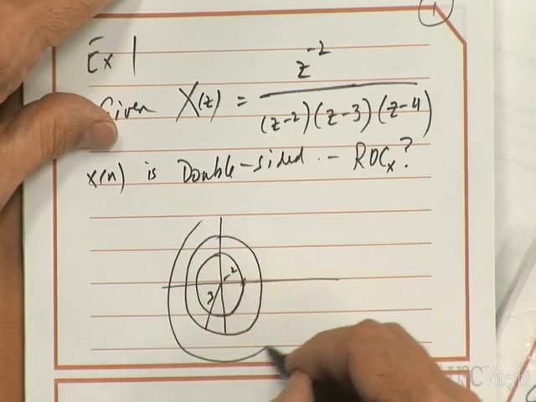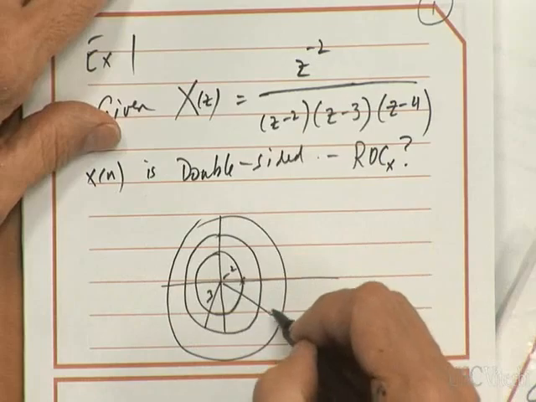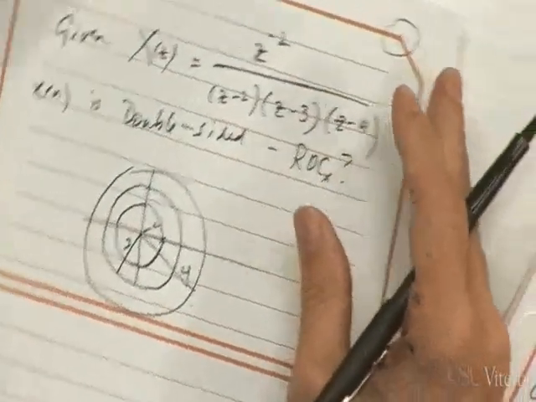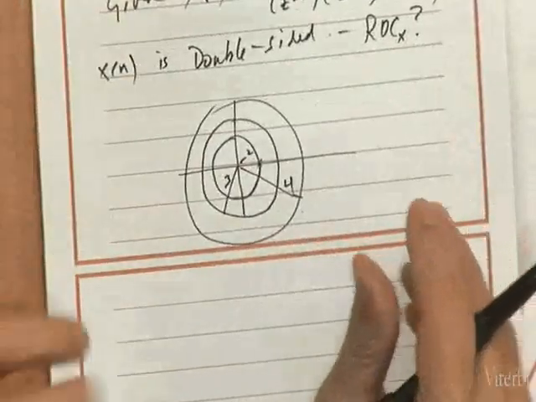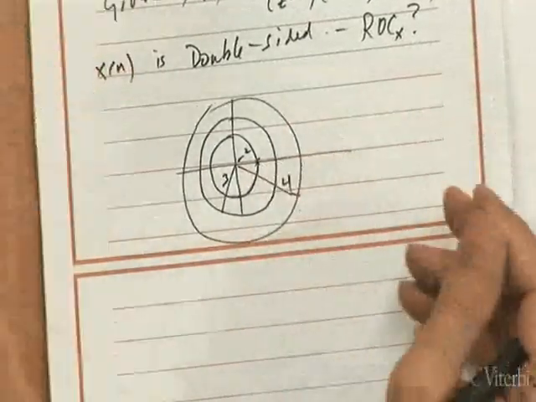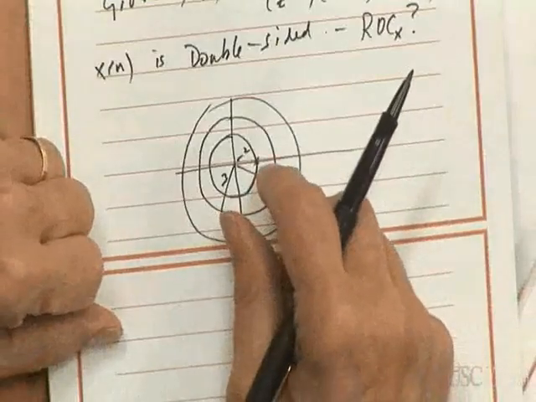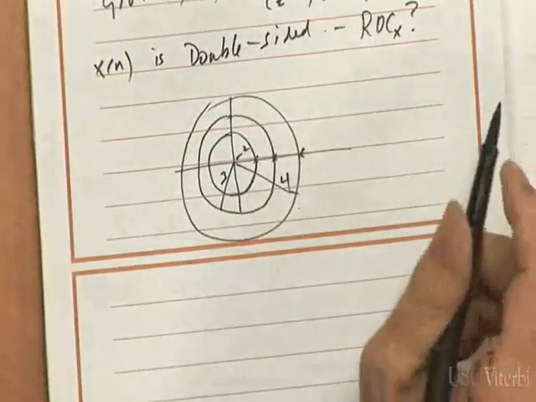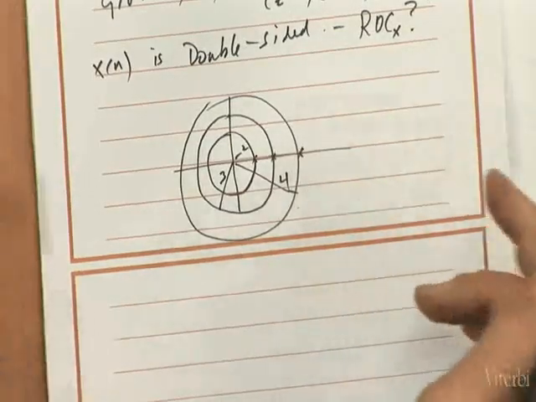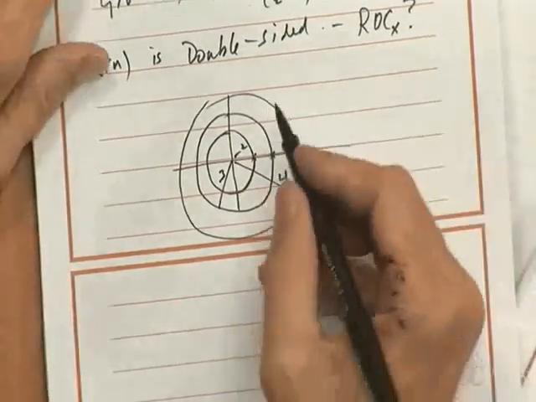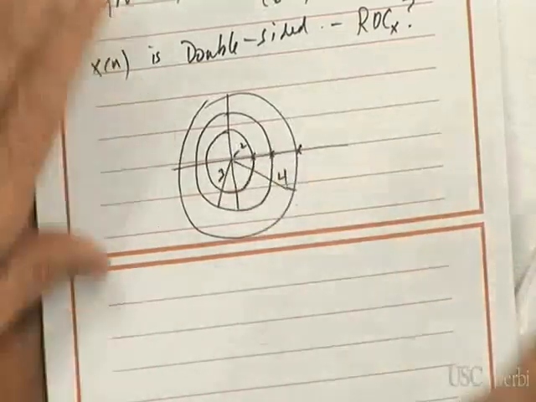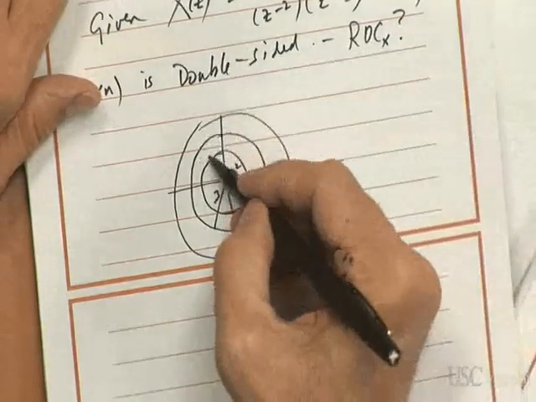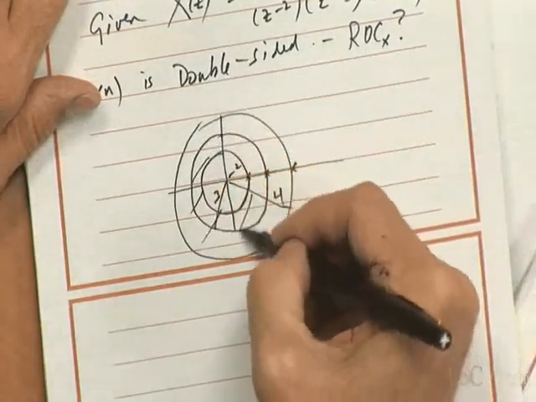So you know it's double-sided, so you know it's between 2 circles. The region of convergence can't include poles. You can't be exterior to this or it'd be right-sided, and I clearly said it's double-sided. It can't be interior or it'd be left-sided, and again, I clearly said it's double-sided. So it could be this, right?